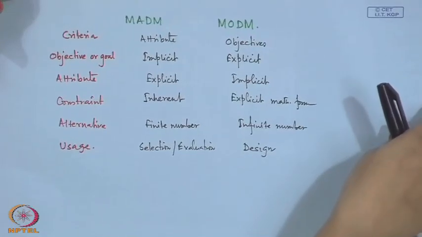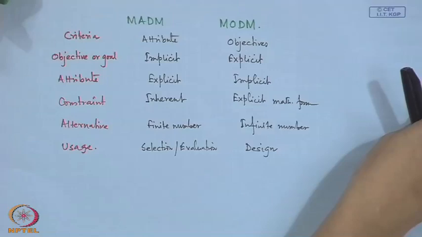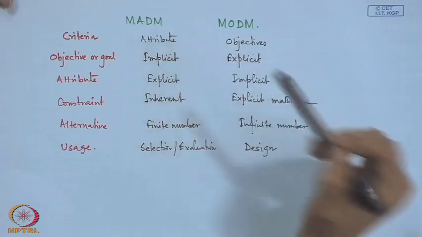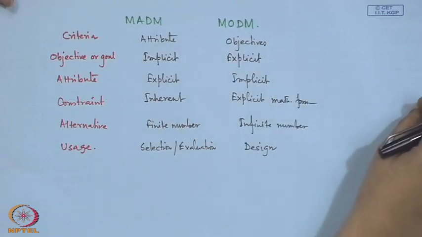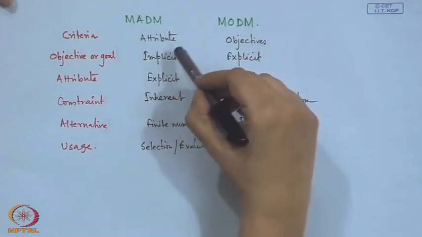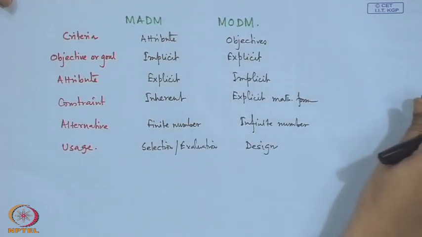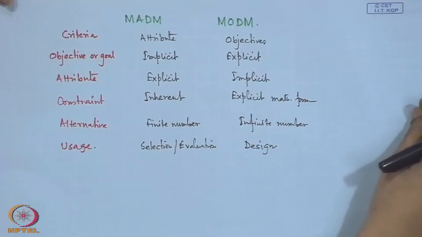Since I have discussed multi-objective decision making, MODM, previously, let me just define the difference between MODM and MADM. In MODM, generally we say objective, whereas in MADM, that is multi-attribute decision making, we say attribute, and we are maximizing our satisfaction depending on the set of attributes given.